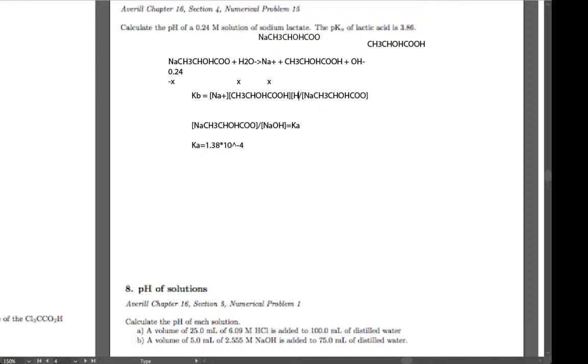In fact, in here we need OH minus. But we don't need this guy here because it is actually a salt, so we don't really need to care a lot. But you know what? Let's just put that there because I think I still need it. So let's just do that.